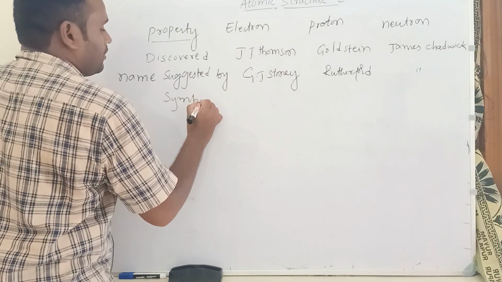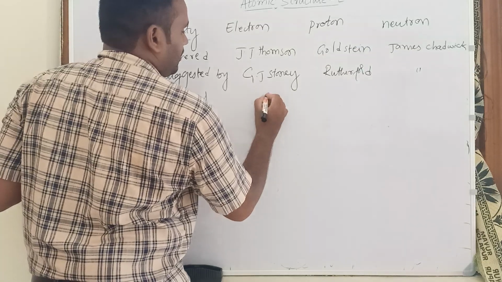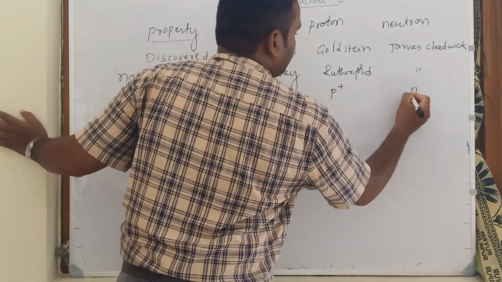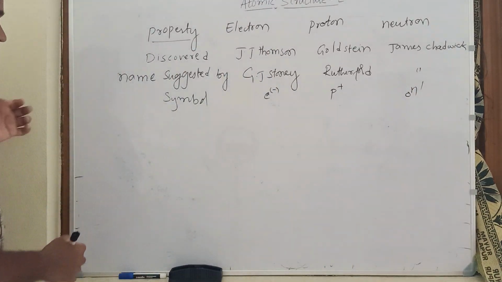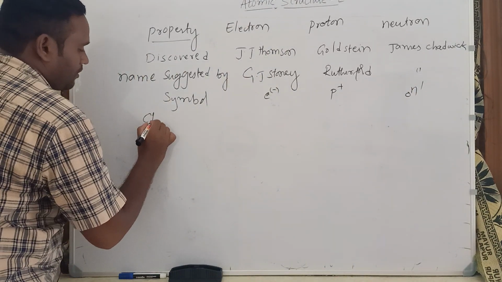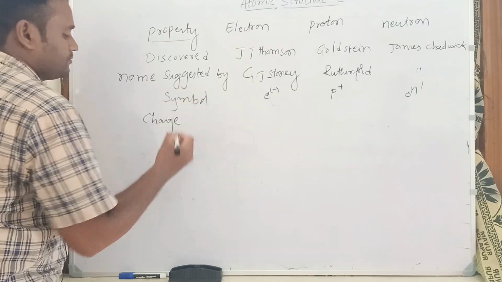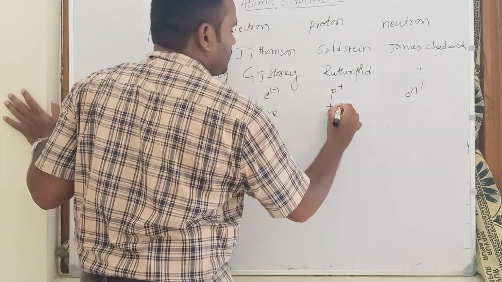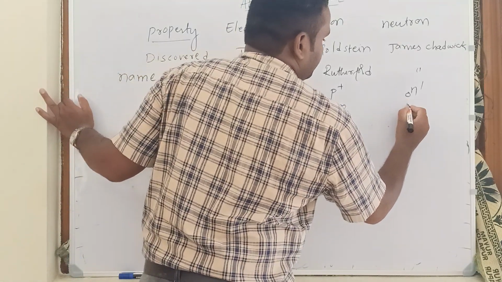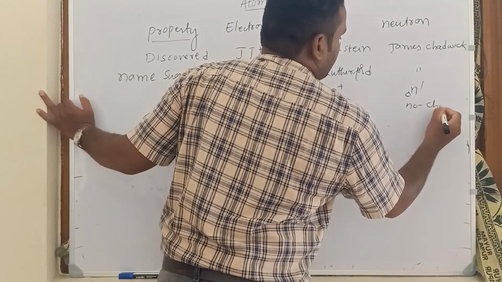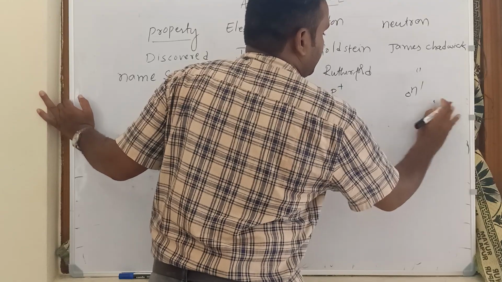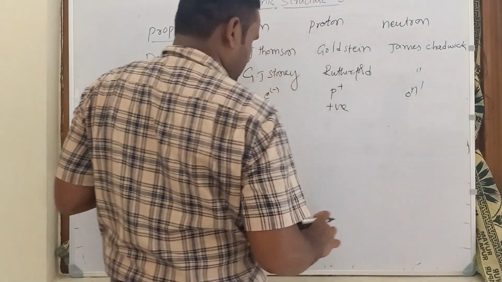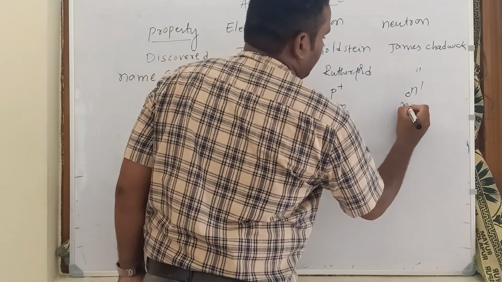How do we denote them? Electron e⁻, proton p⁺, neutron n(0,1). Next, charge. Electrons are negatively charged particles, protons are positively charged particles, and neutrons have no charge, or simply we can say they are neutral.